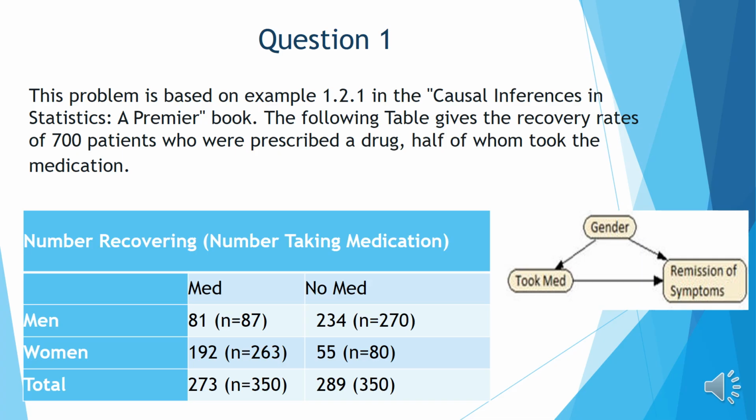The table here on the left provides the number of patients who recovered out of the total number of patients in each group. The groups are men and women, and the ones who took medication versus the ones who did not take any medication.